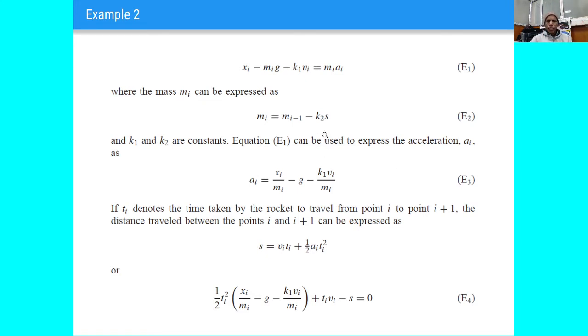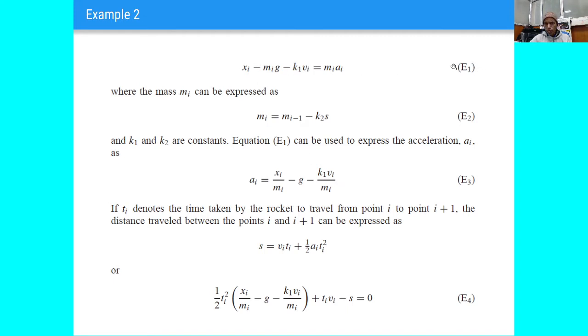Okay, and let us rewrite this equation 1. If we take ai on one side, this will be xi upon mi, the mi cancels, so g will remain, then k1 vi upon mi.